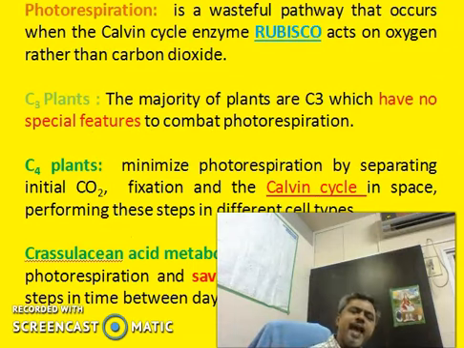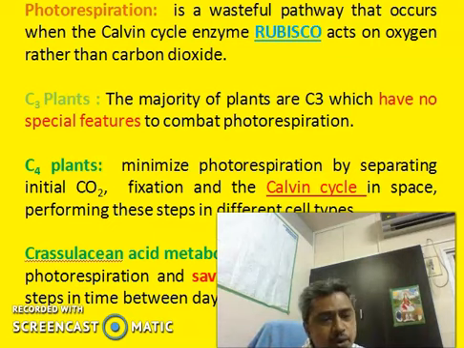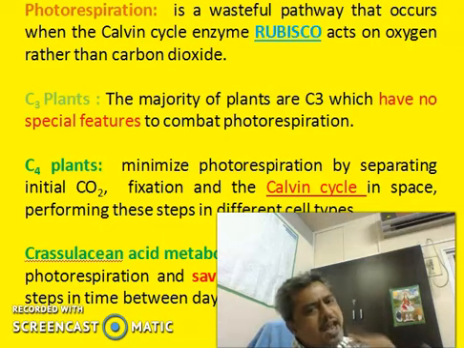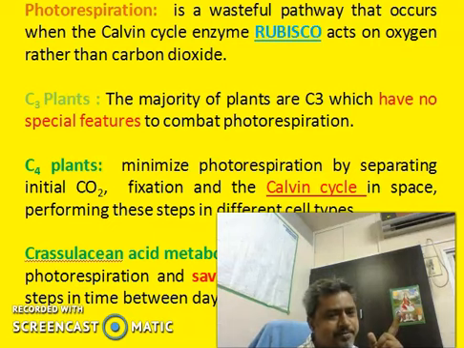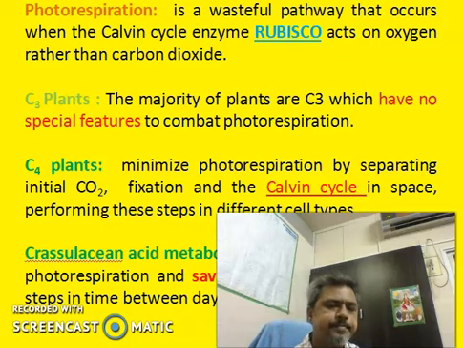Many people think that it is a wasteful pathway that occurs when, in the Calvin cycle, Rubisco acts on oxygen rather than CO2. C3 plants, the majority of plants are C3, as I say, have no special features to combat photorespiration.